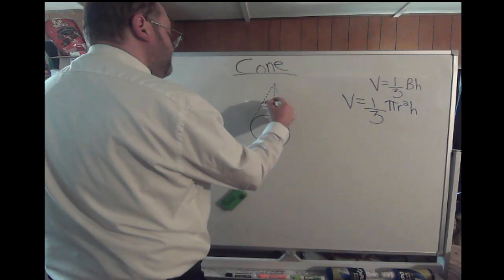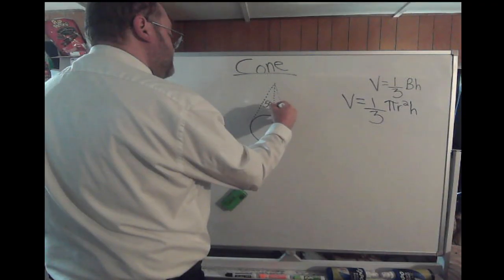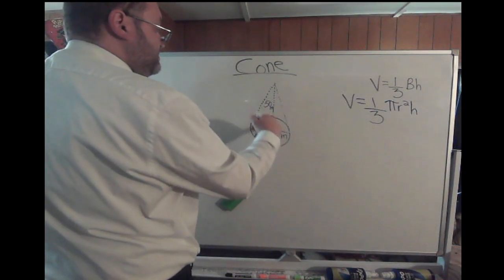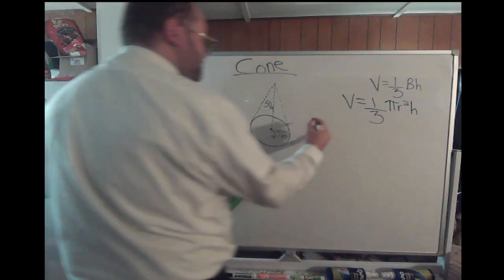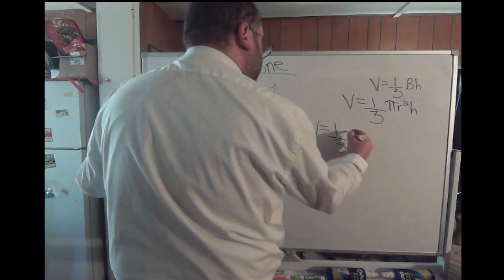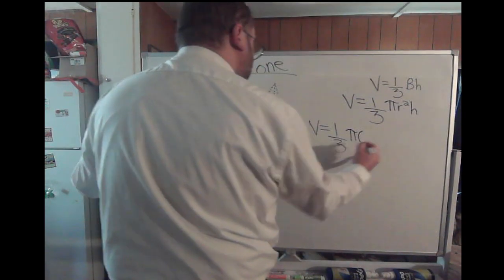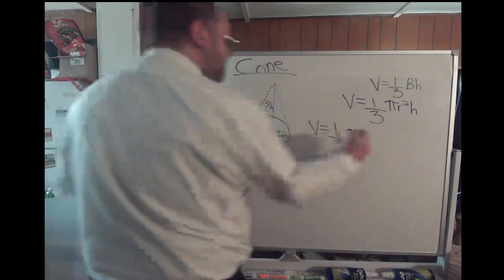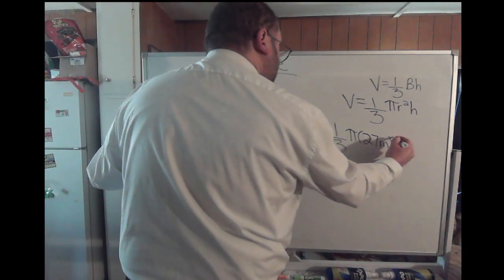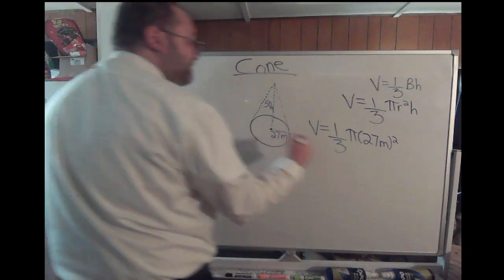The height would be 50 meters. So I have a cone with a radius of 27 meters and a height of 50 meters. Well, to find the volume again, we'll take 1/3 times pi times that radius of 27 meters, set to the second power, times the height of 50 meters.